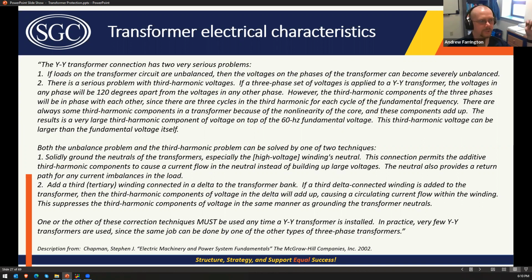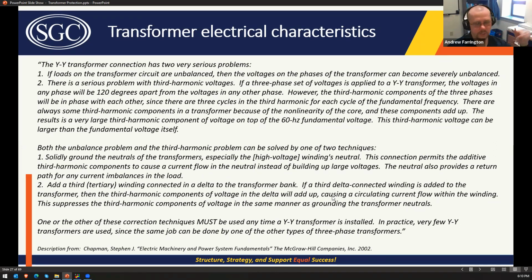And the other option, which is more common in my experience, is a YY transformer with a delta tertiary. You can add a tertiary winding, which is a delta, into the transformer bank, and the delta connected winding acts similarly to grounding the Y winding neutrals.